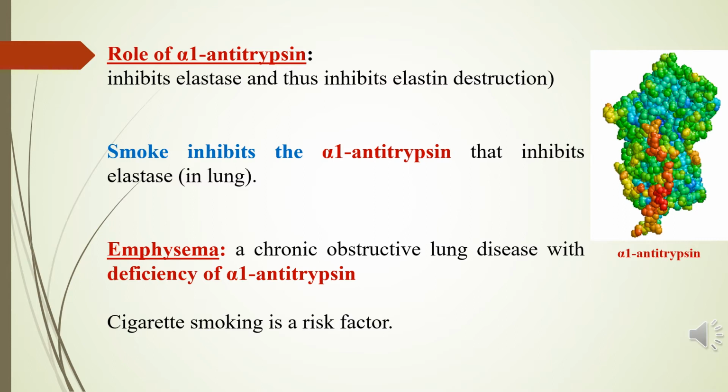Elastase thus acts unopposed and causes destruction of elastin of the lungs, leading to loss of elasticity of lung tissue with resulting emphysema, which is chronic obstructive lung disease, particularly in cigarette smokers.